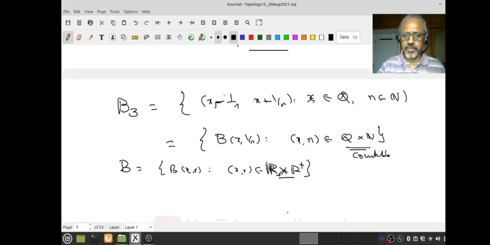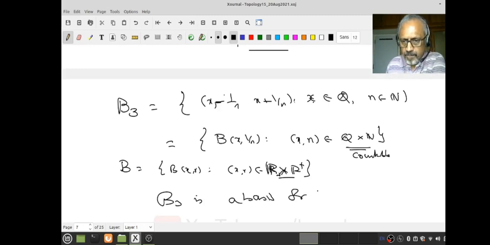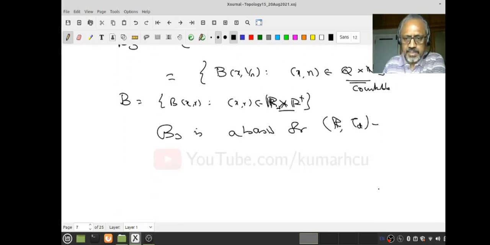You see that we got a very small collection. Then B3 is also a basis. The proof is exactly similar, using the Archimedean property.